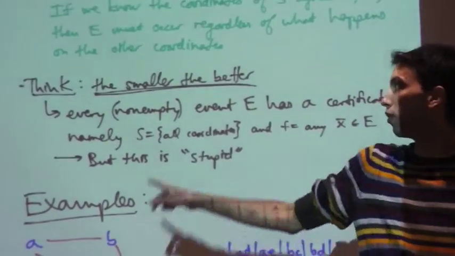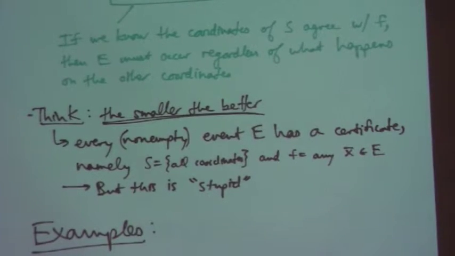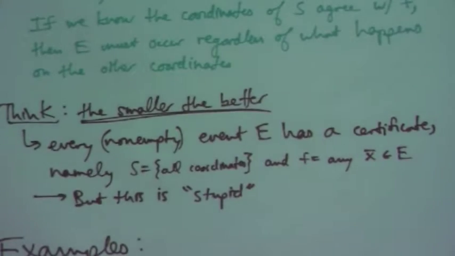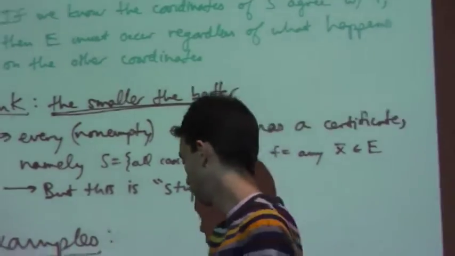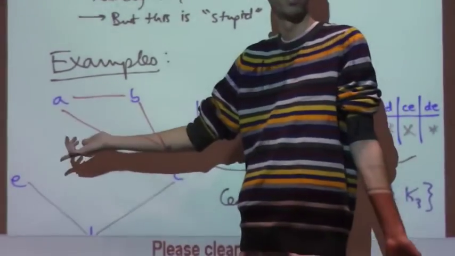Okay, and as I was alluding to before, the idea here is that as far as certificates go, the smaller the better. First, let's see an example of a certificate. We were looking at the event G(n,p) contains a triangle.